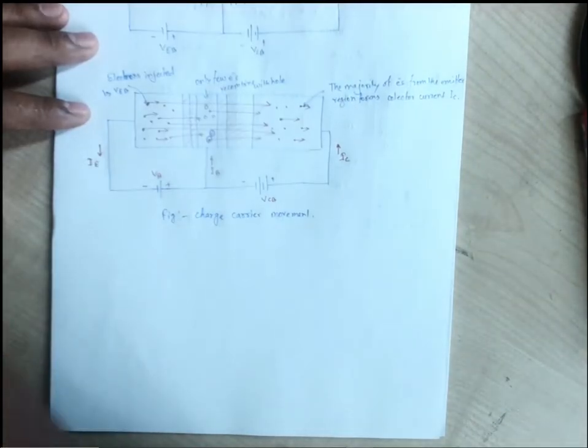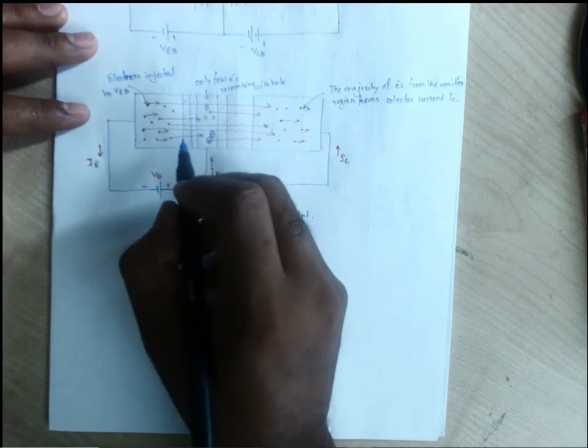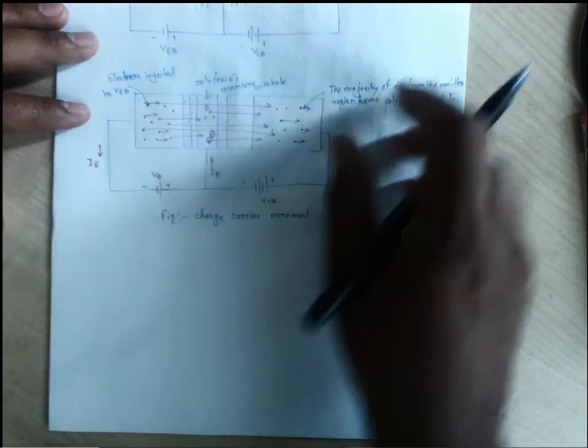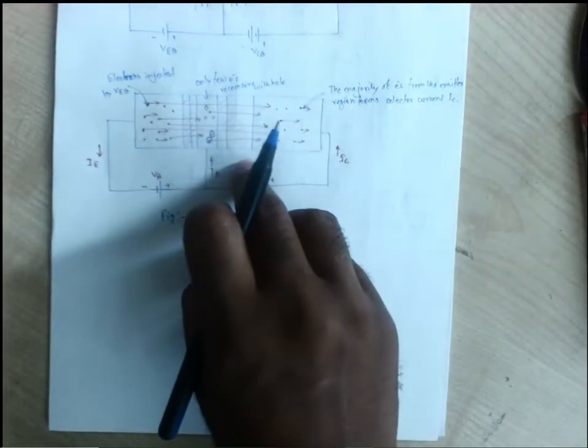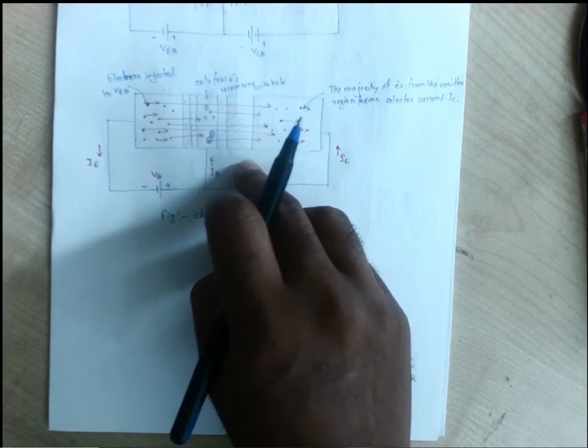We'll look into that. But at the forward-biased junction, the minority charge carriers will have less influence, because that will be a reverse bias for the minority charge carriers. But the reverse-biased junction will have certain influence due to the minority charge carriers.